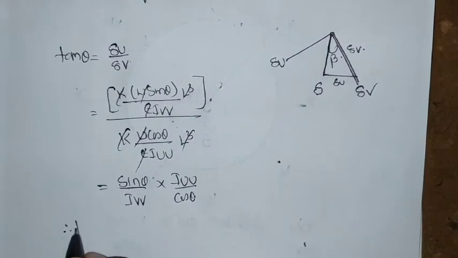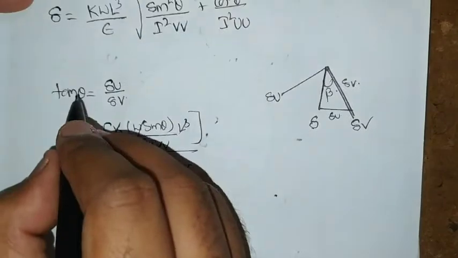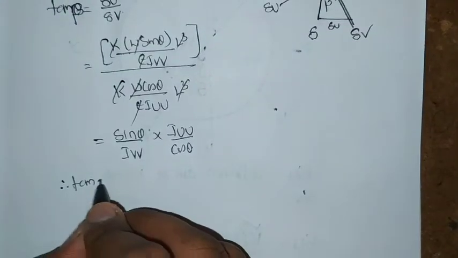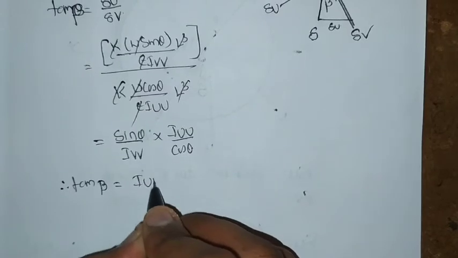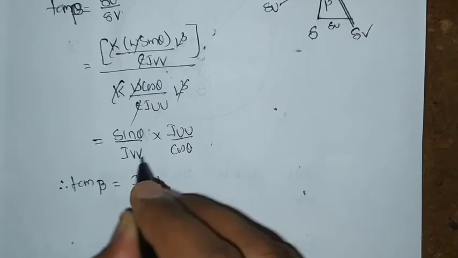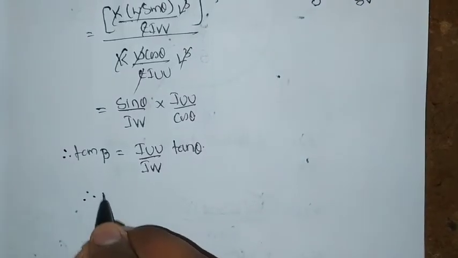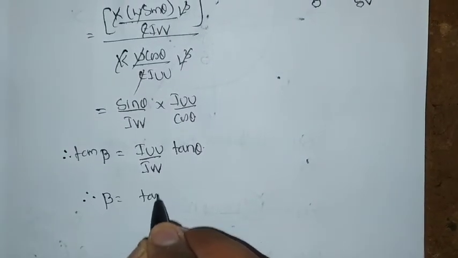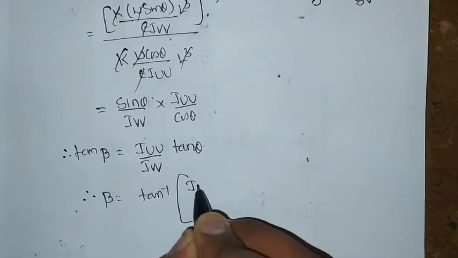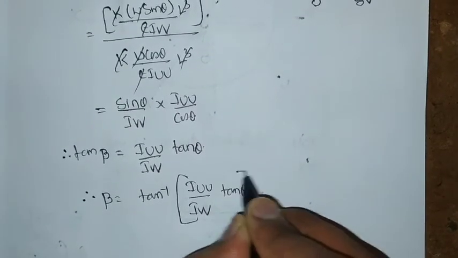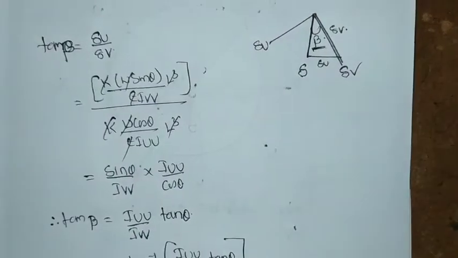This is tan beta. Therefore tan beta is equal to IUU by IVV into sin by cos, it will become tan theta. Therefore beta is equal to tan inverse of IUU by IVV into tan theta. So this is the beta angle which is made at this section.